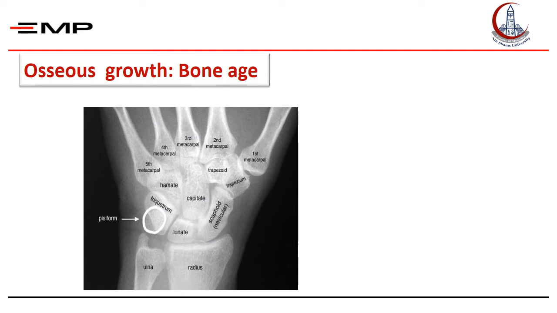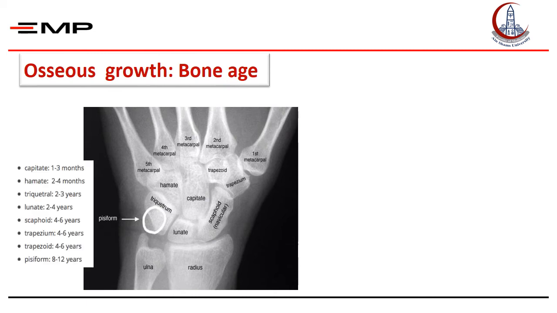A rough technique is to count the carpal bones in the X-ray of the left hand as you see here in the image. There are 8 carpal bones. The first 2 appear in the first year, then 1 yearly afterward in anti-clockwise order.